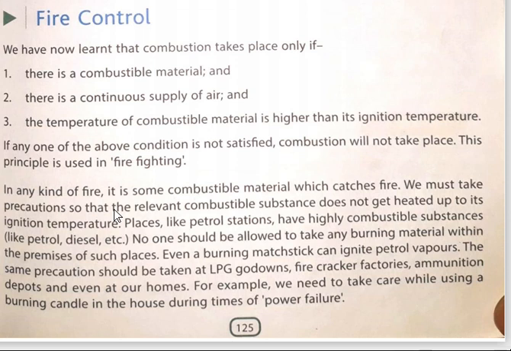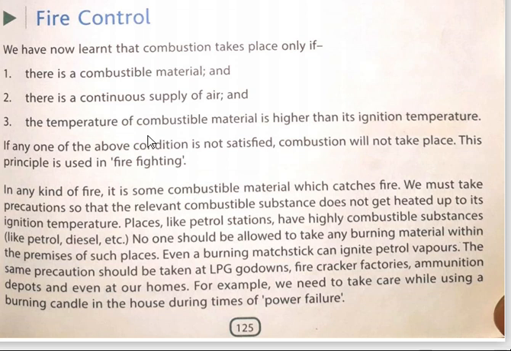The three conditions are the availability of combustible material, the supply of air, and the ignition temperature.